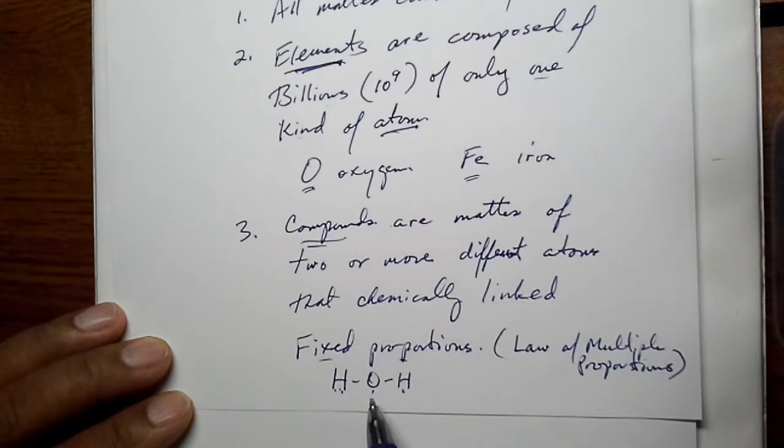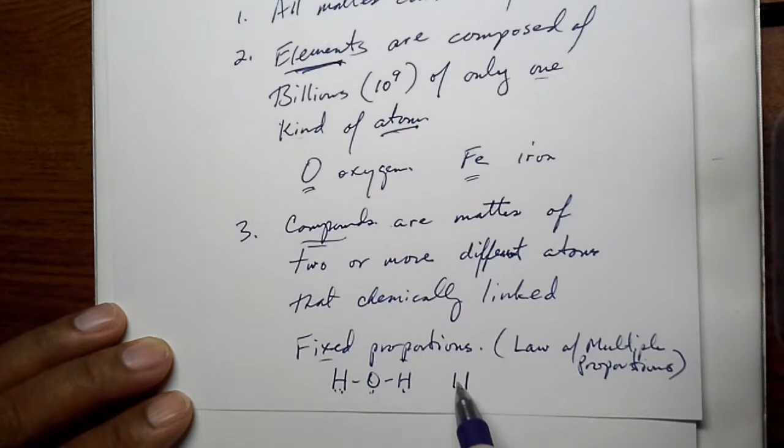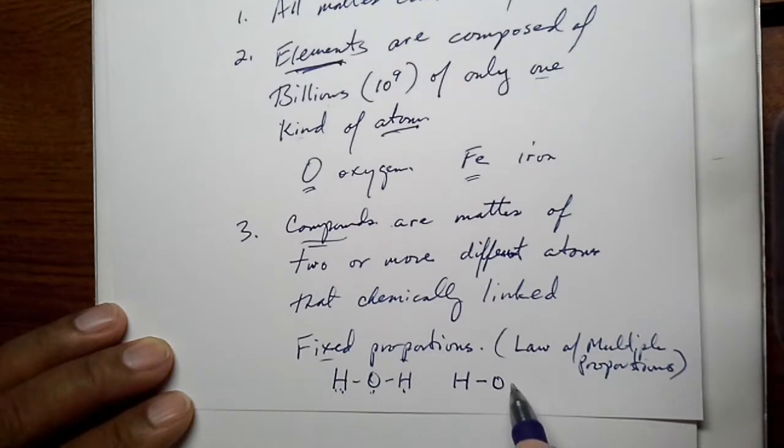If we change that proportion and we say, alright, we want to have 4, or I should say we should have 4 elements, 2 of which are hydrogen, and 2 of which are oxygen.